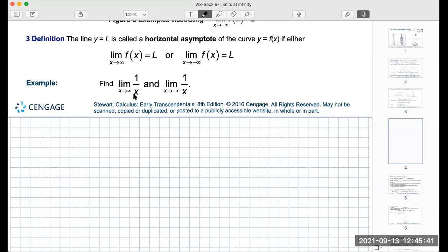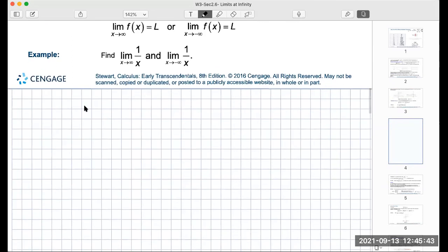Find the limit when x goes to infinity of the function f of x equals 1 over x here.